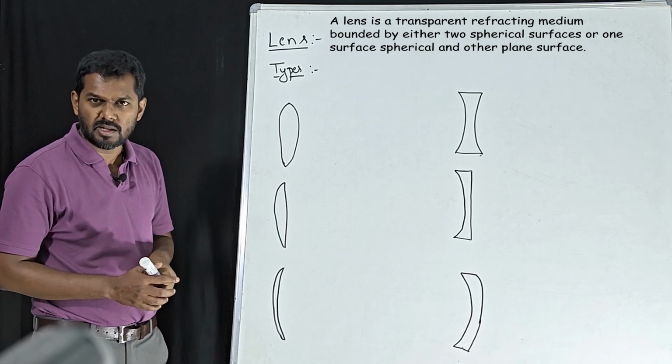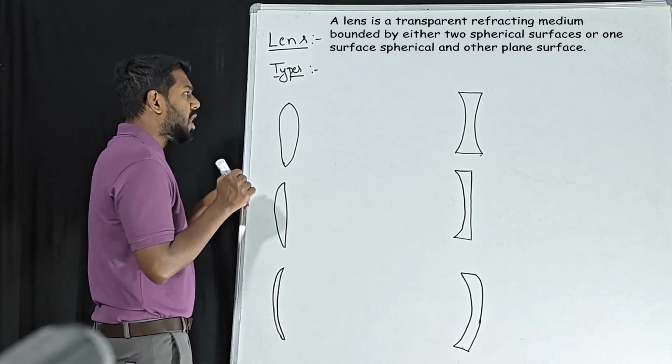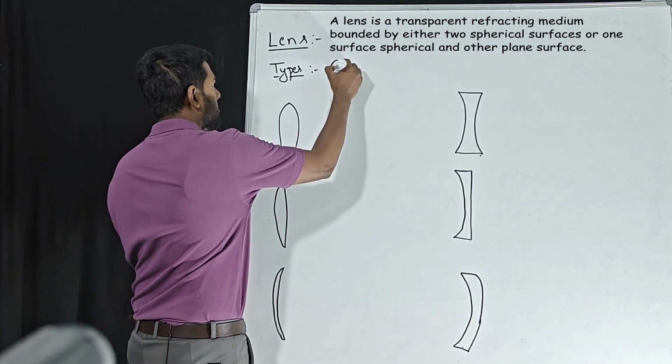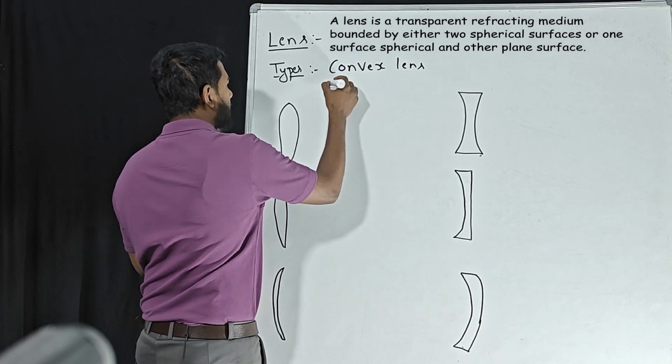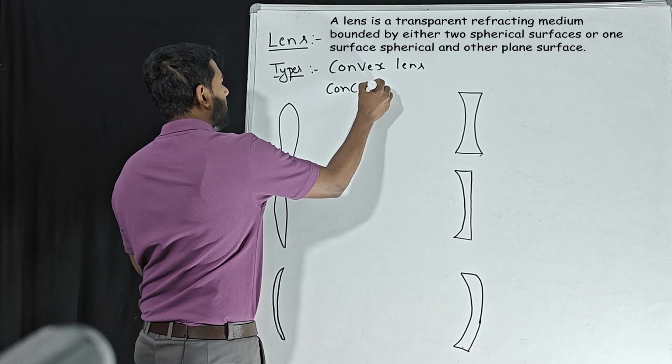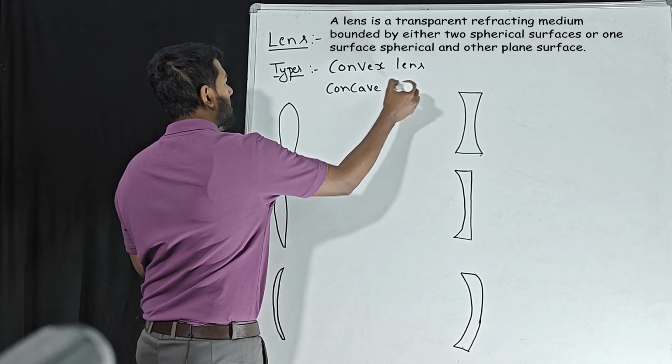Now we'll talk about the types of lenses: one, convex lens, and then concave lens.